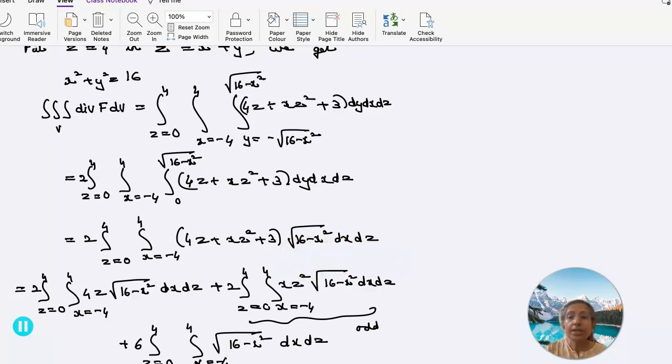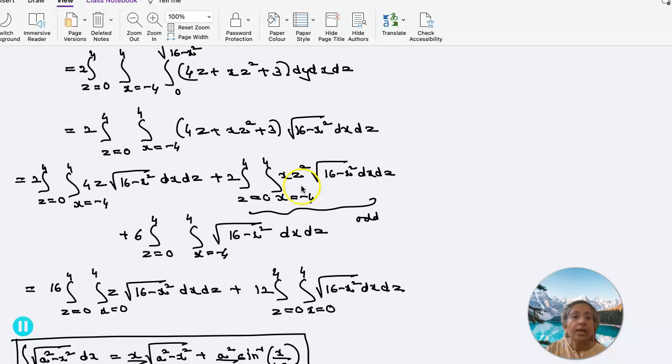So this will be twice the integral z equal to 0 to 4, x equal to minus 4 to 4, of 4z into root 16 minus x squared plus xz squared root 16 minus x squared, the limits remain the same, plus 3 into root 16 minus x squared, that is, 6 into the integral over z, integral over x of root 16 minus x squared dx dz.